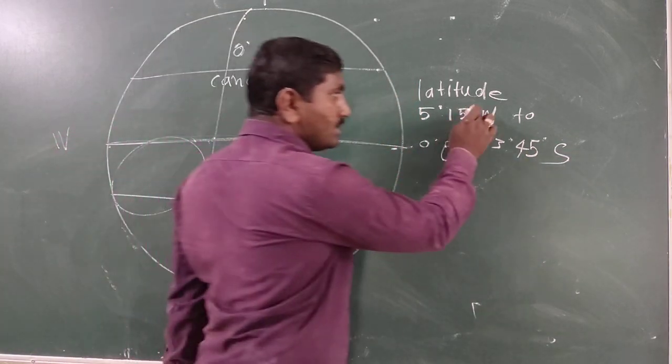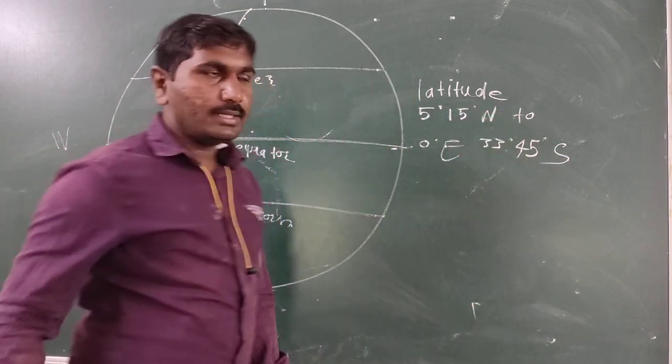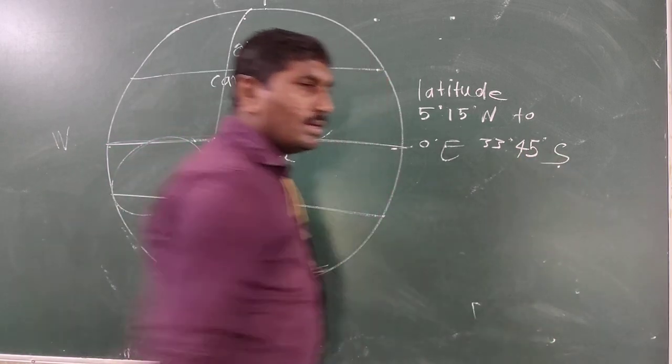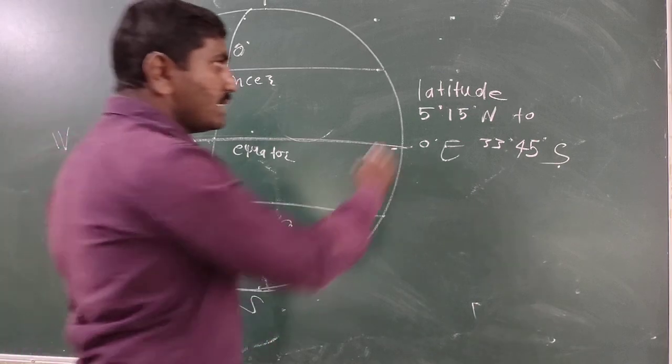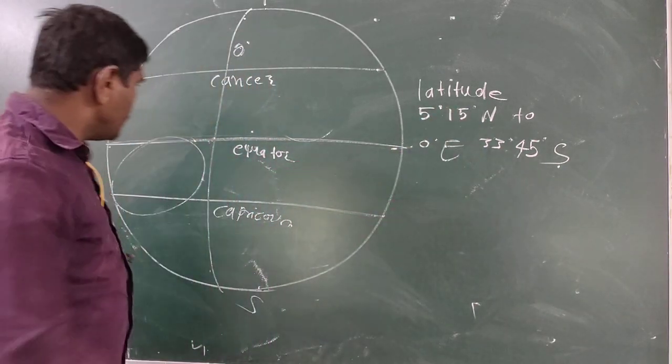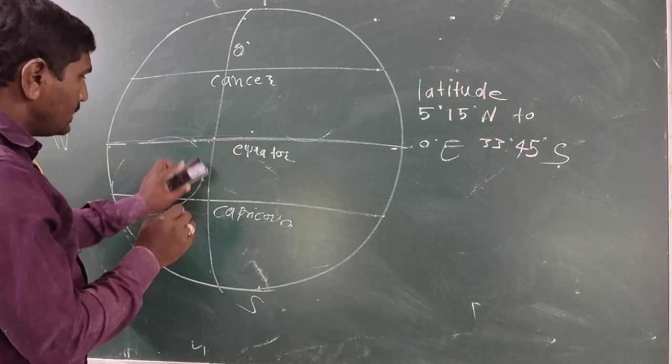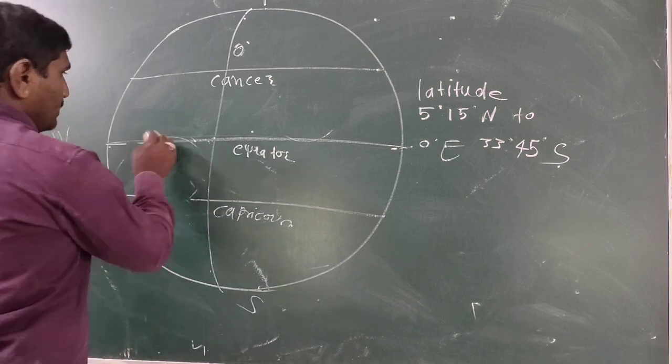Here we have taken north and here is south. Why are there such numbers, or why is the direction changing? Because some part of Brazil extends in the northern hemisphere.